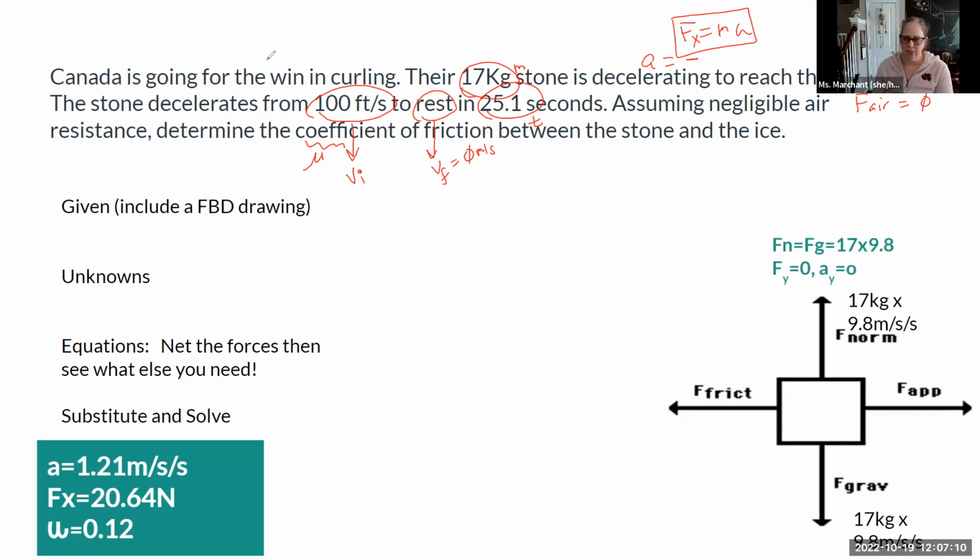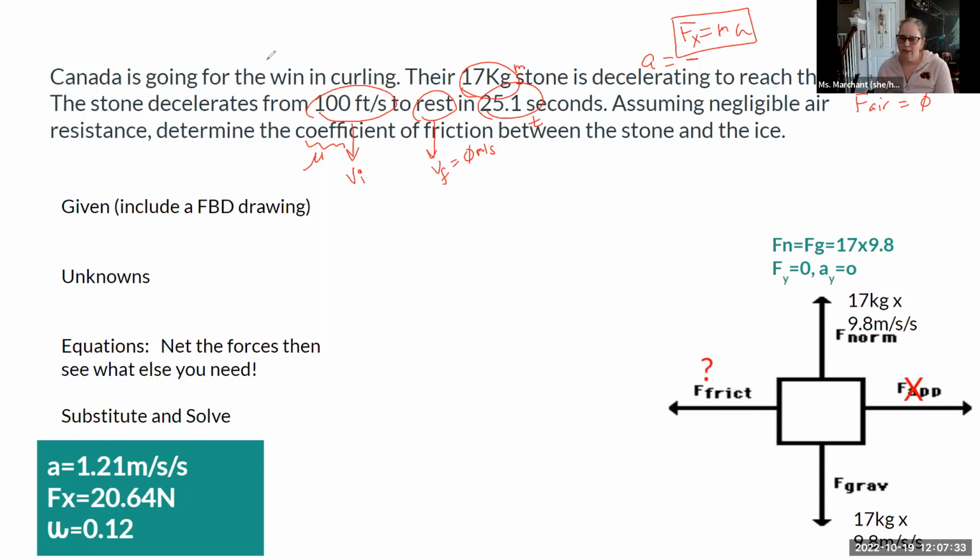What else do I have? No force applied. Oh, but I do have friction. It says negligible air resistance, but does not say negligible friction, especially since it wants us to determine the coefficient of friction. So that force of friction is definitely going to be something we need to solve for. So what other information do I have?